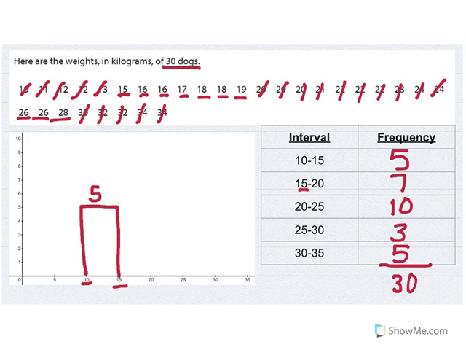Now our next interval, 15 to 20, that one has 7. And what I do is I just continue the line and go up to 7. And then I go across down to 20 because that's what the interval is.